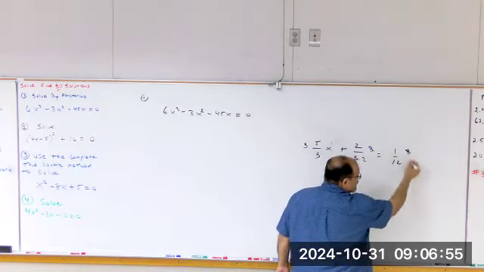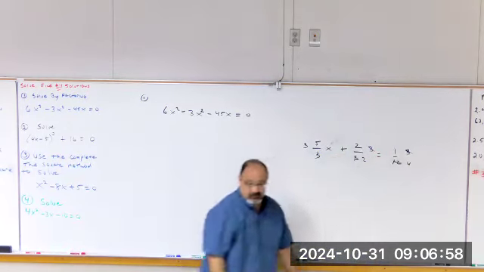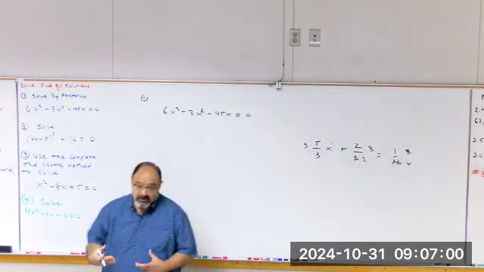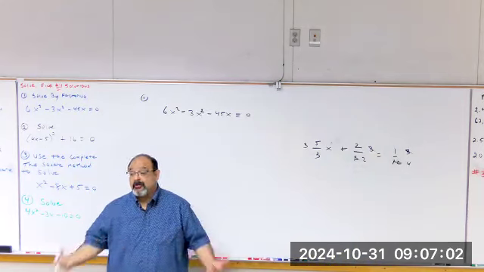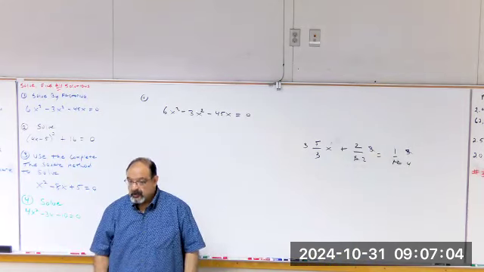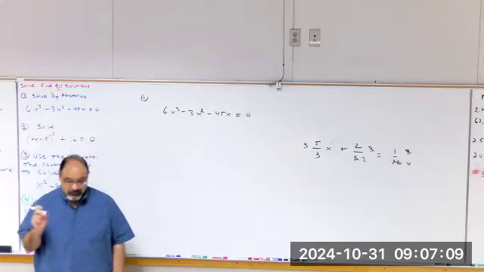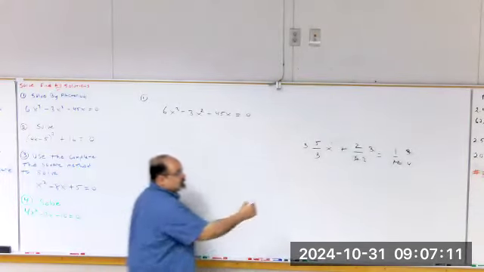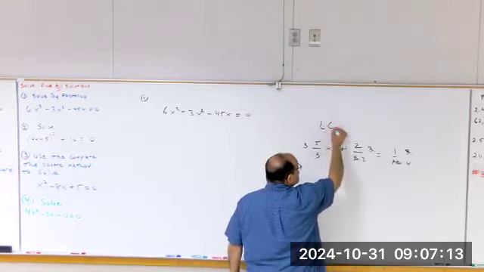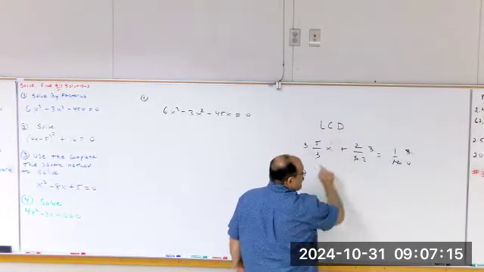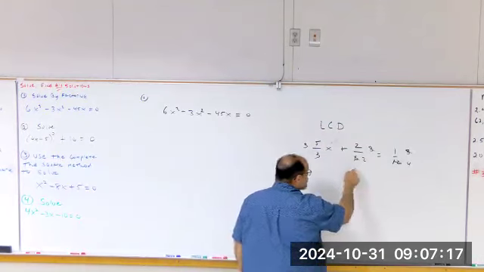I'm still going to have a fraction. So I need the least common denominator, the one that undoes all the denominators. Listen to the two words. Least common denominator, the smallest denominator that will undo all the fractions.